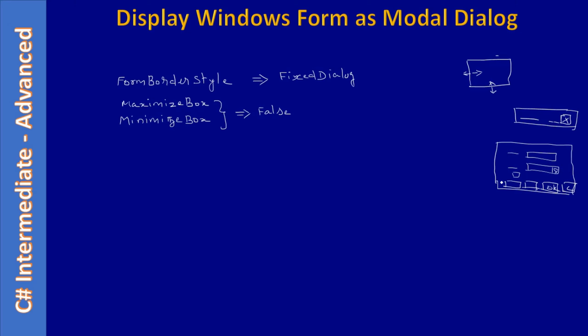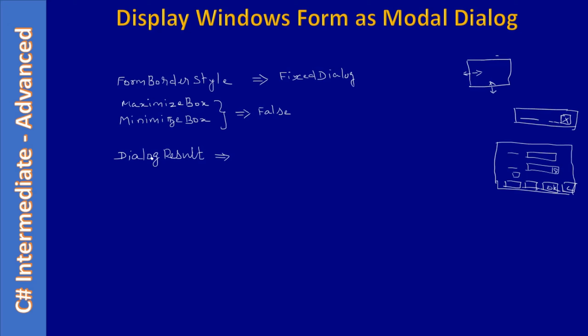So all the buttons will have a property called DialogResult. So we can use this property to set a particular button as the dialog result.